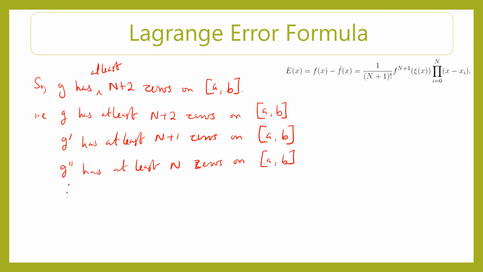If I continue this way up to when I differentiate g n plus 1 times, since I started from when it is 1, I have n plus 1. Now when it is the (n+1)th derivative, I should have at least 1 zero on [a,b].